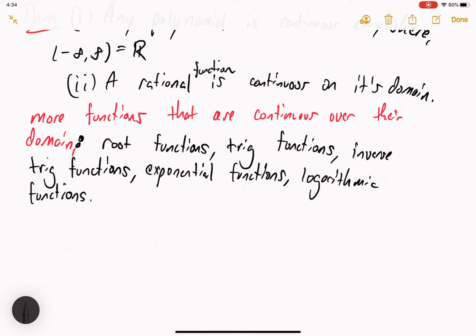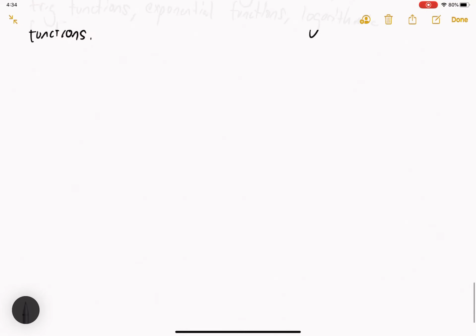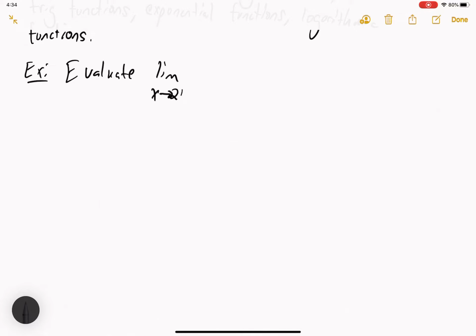So let me just do an example real quick. Let's evaluate a limit: the limit as x goes to 2 pi of sine of x plus 1 divided by 3 minus cosine x.